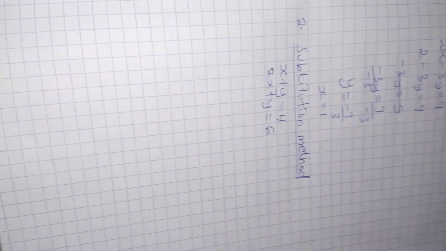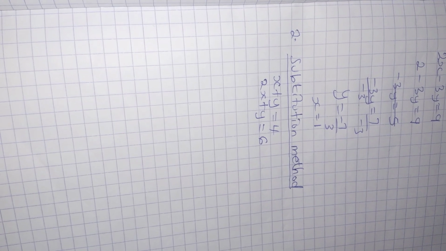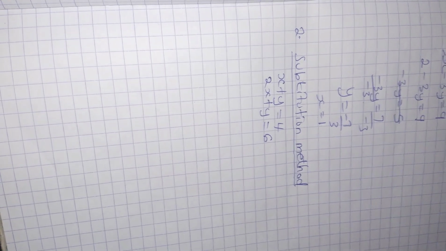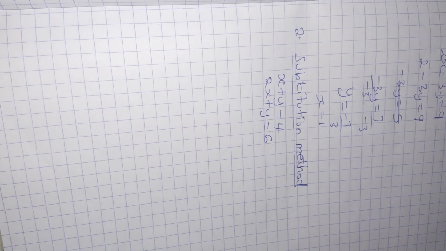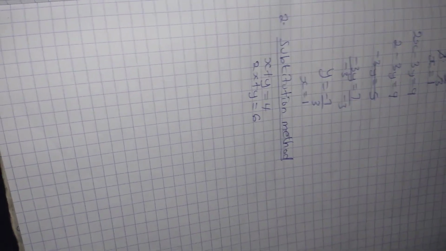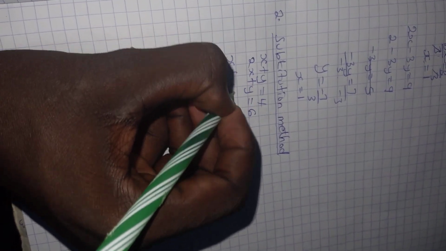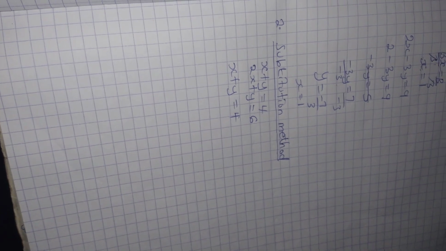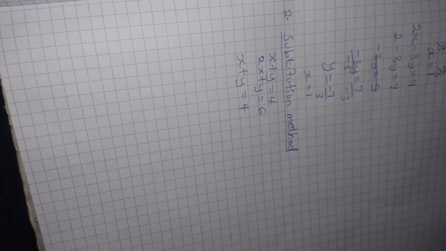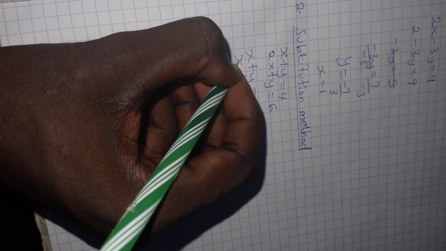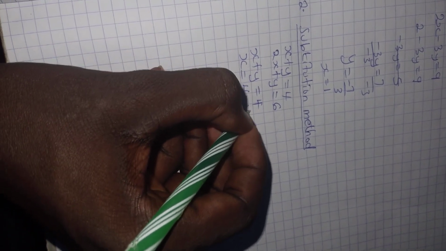I'll choose the first equation because it looks simpler. x plus y is equal to 4. Let's make x the subject, so it will be x is equal to 4 minus y.